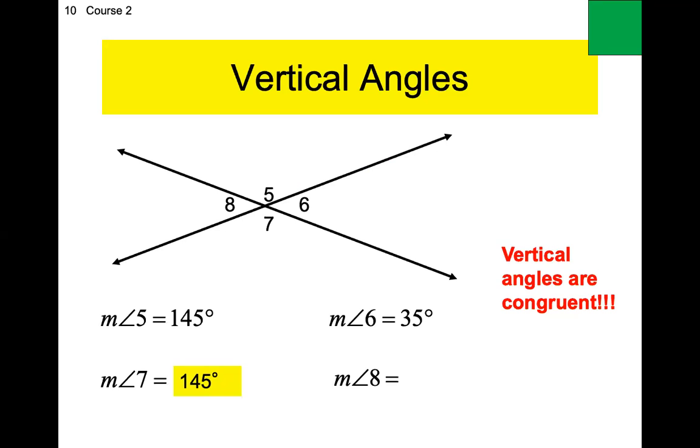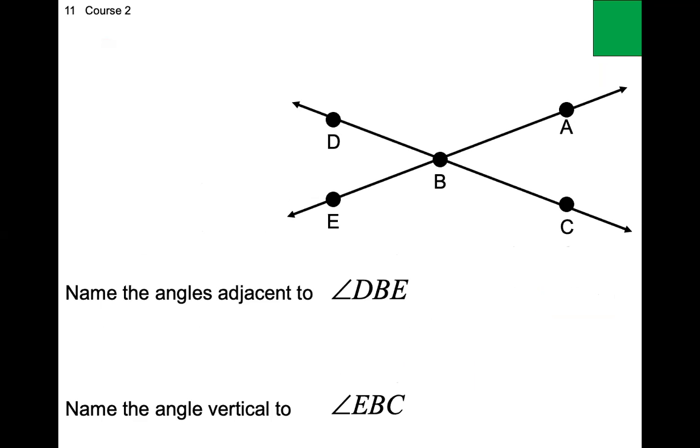Let's see, angle 8 is opposite of 6. And how big is 6? No protractors. Look at what you're given. It's on your paper, buddy. So therefore, angle 8 is the same, because they're vertical. They're opposite each other. Did you hear what I said? I saw him messing with his protractor. No protractors tonight for homework. You're going to get the measurements because of what you know about vertical angles.